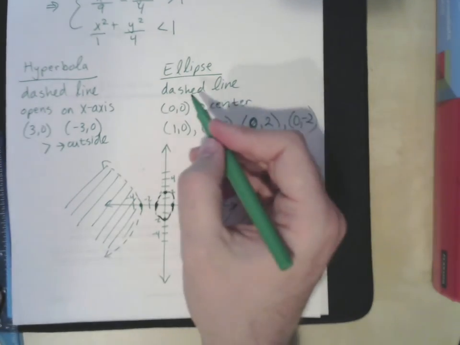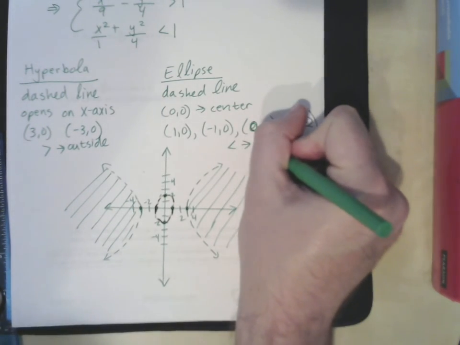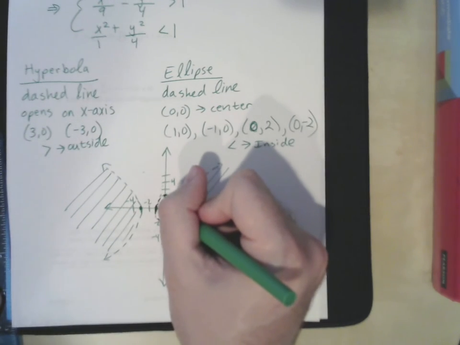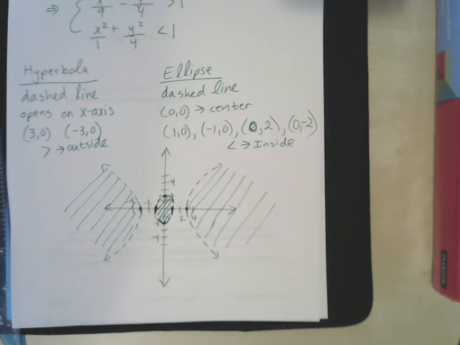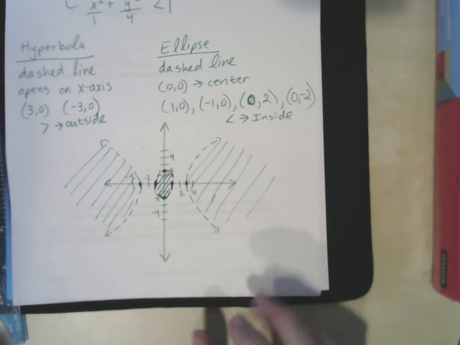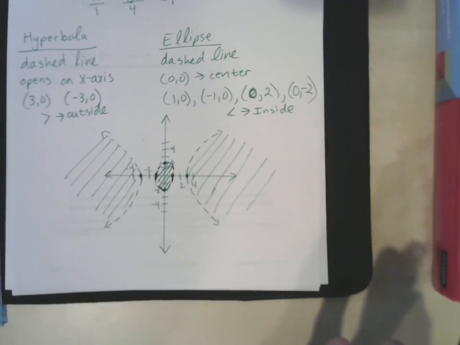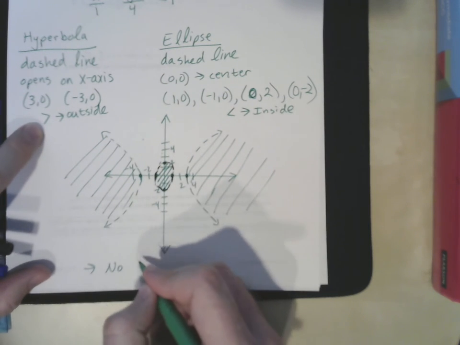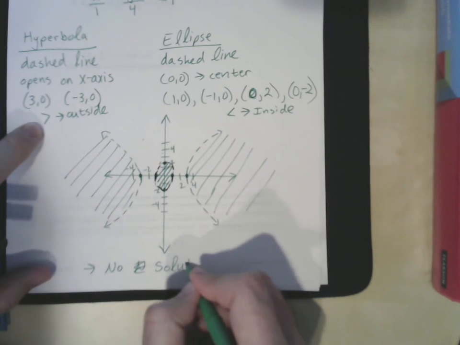And then the ellipse is less than, so that means inside, which would look like this. Now remember, our solution is the overlap. These two regions and this region never overlap, which means that there is no solution.